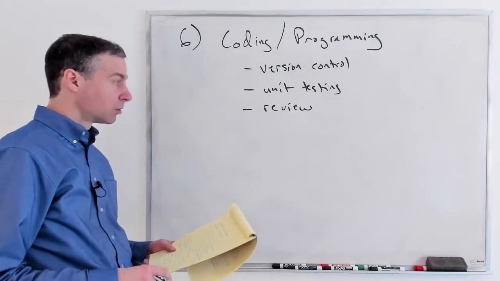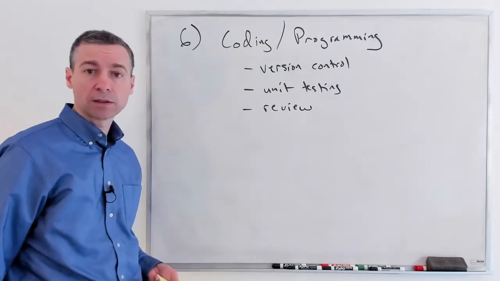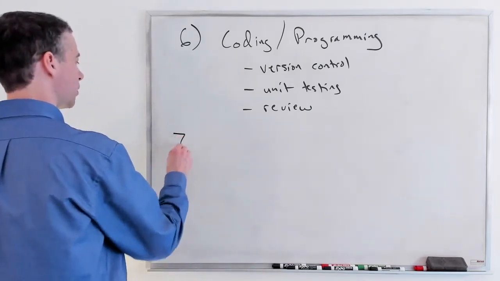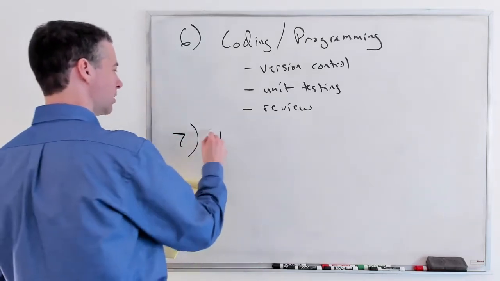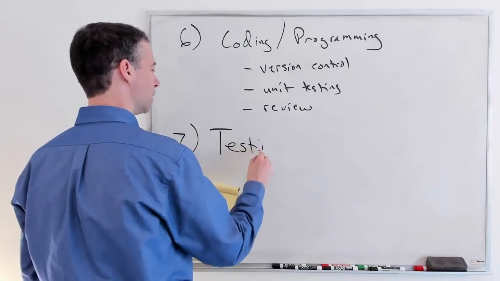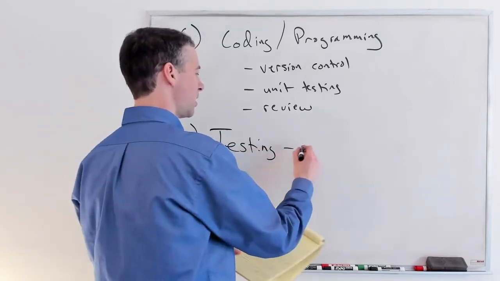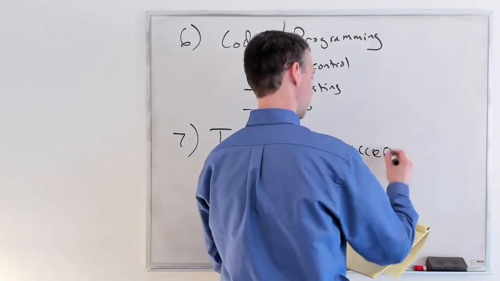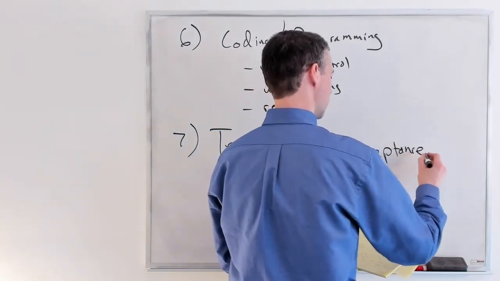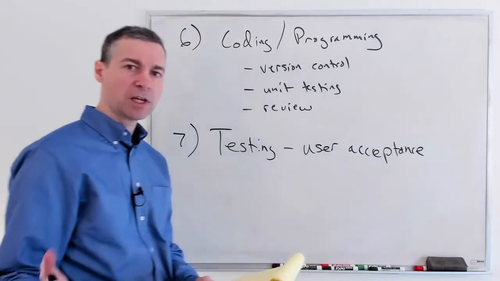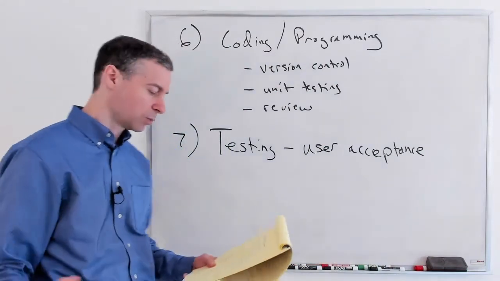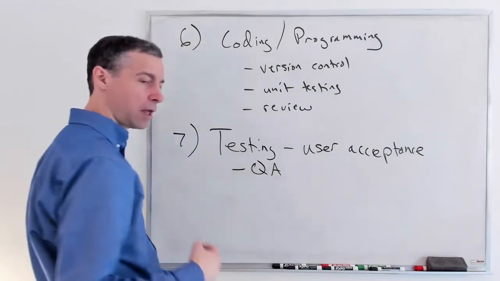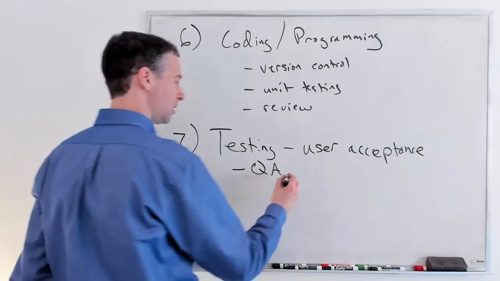Once you think you've got all the code built, usually the classic notion is then we begin testing in the waterfall. What we're talking about here is focused on user acceptance. Will this thing meet the expectations of what the client wants? Often in the classic approach, you have a QA team.